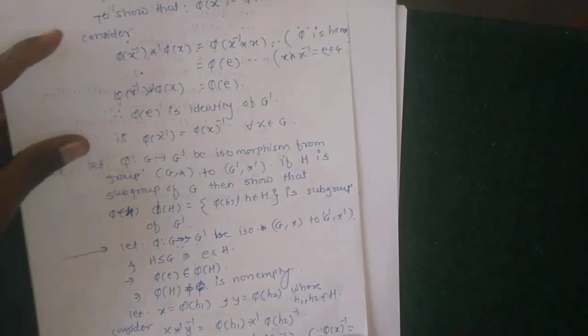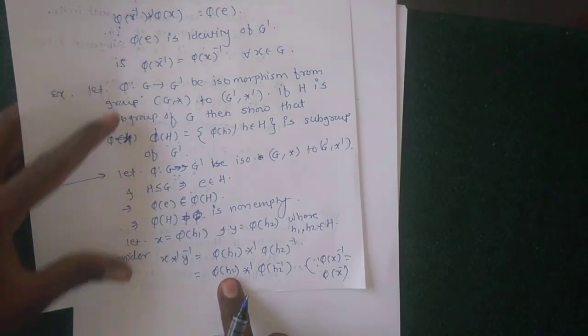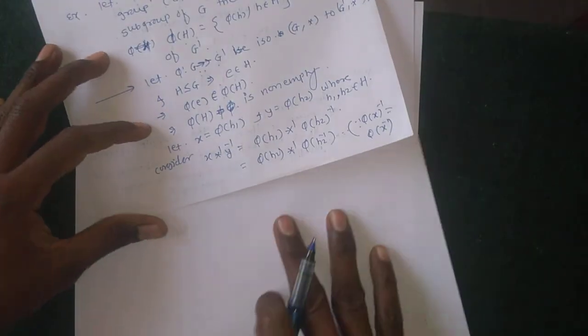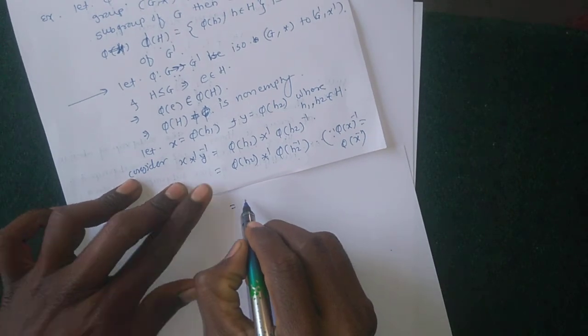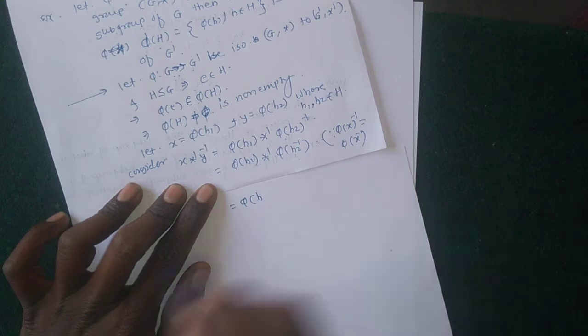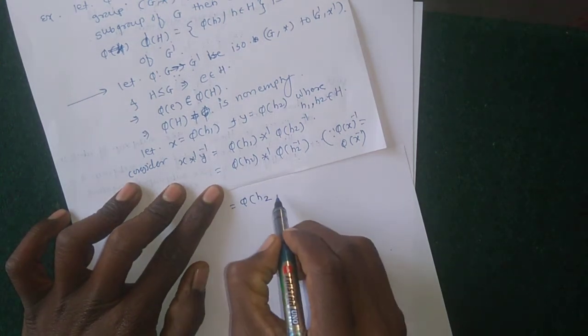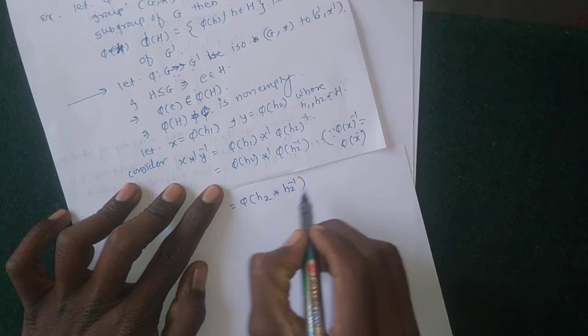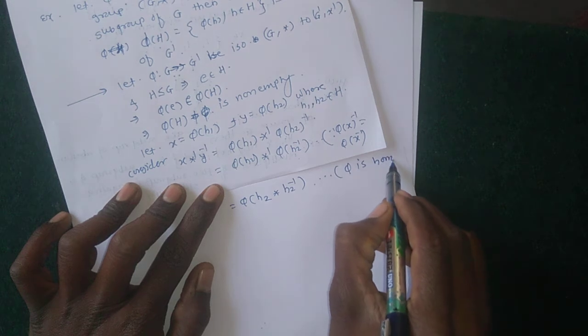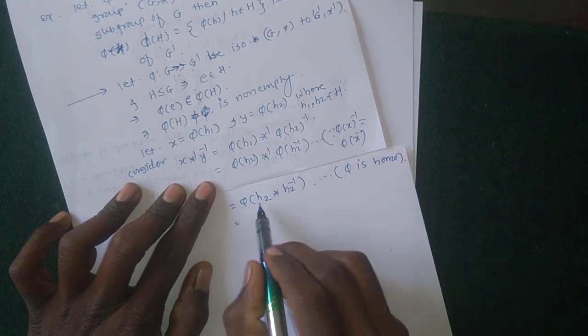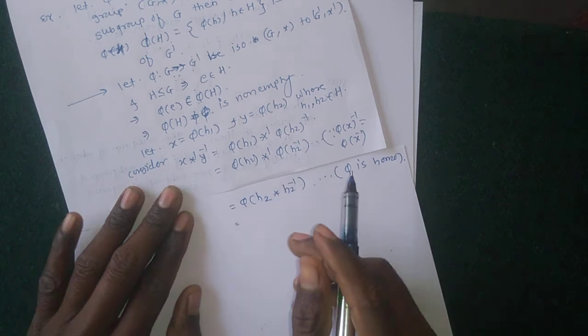Therefore phi of H1 star dash phi of H2 inverse, but phi is a homomorphism, which implies that this can also be written in the form phi of H1 star H2 inverse, since phi is a homomorphism.